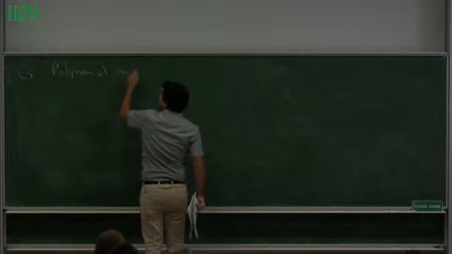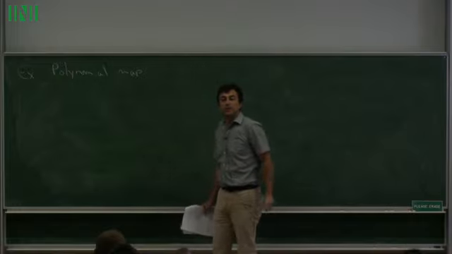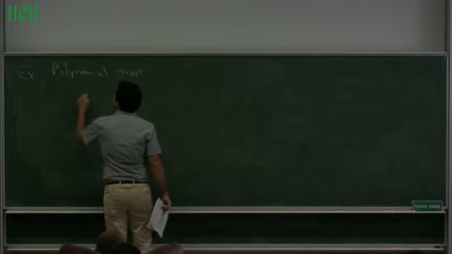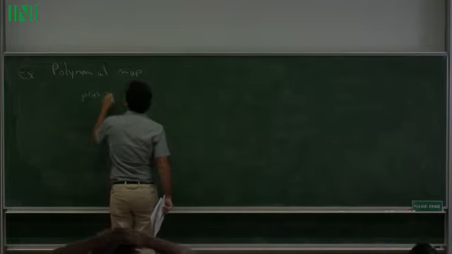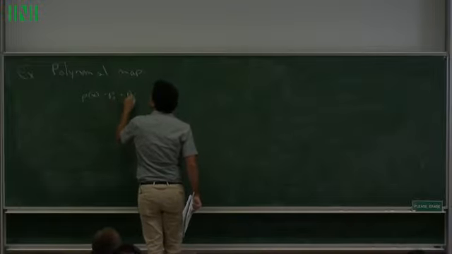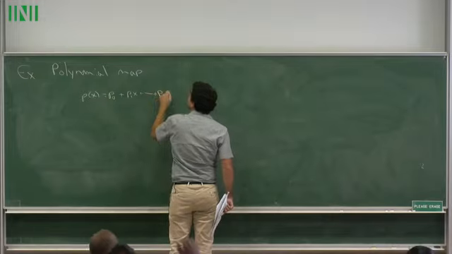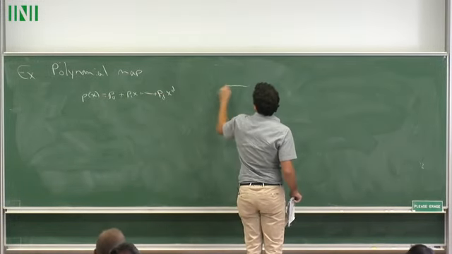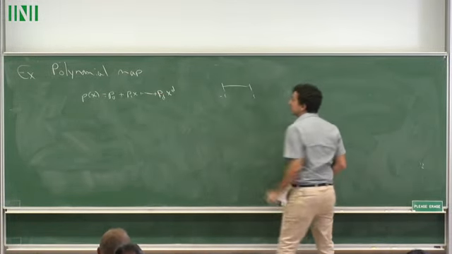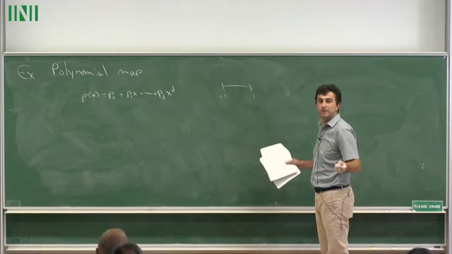What if we have a non-invertible map, like a polynomial map? So we have p of x is equal to p naught plus p1 x plus up to pd x to the d. And well, polynomials are really good at approximating arbitrary functions, including arbitrary curves.